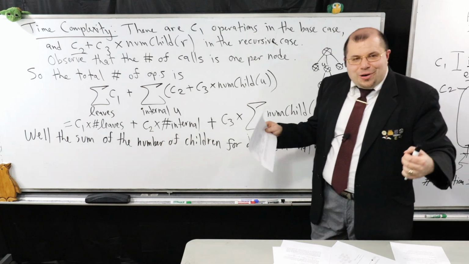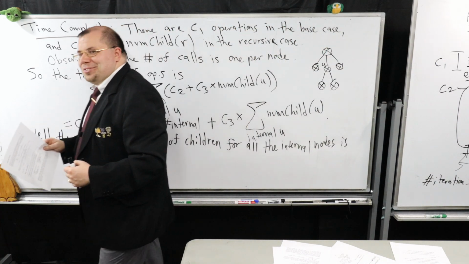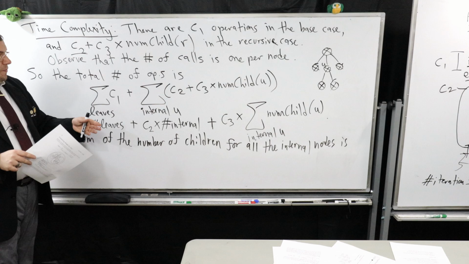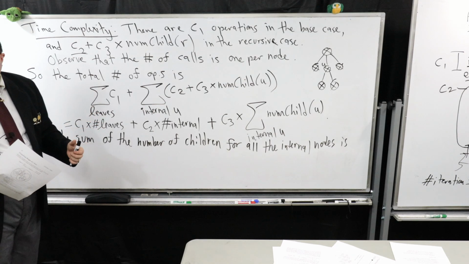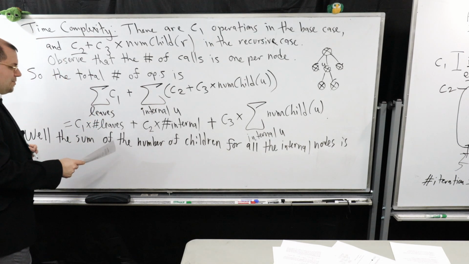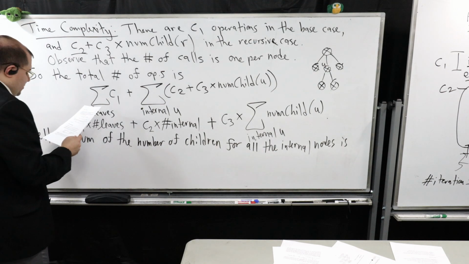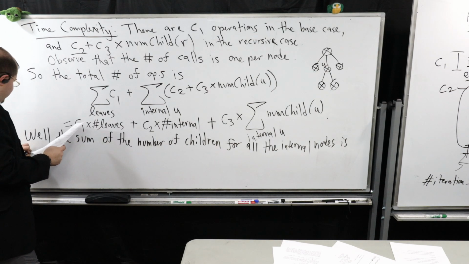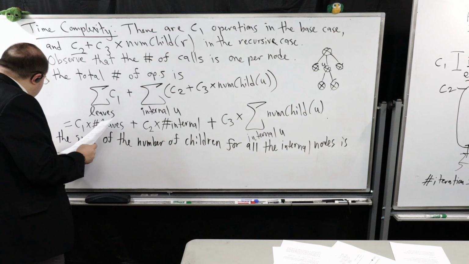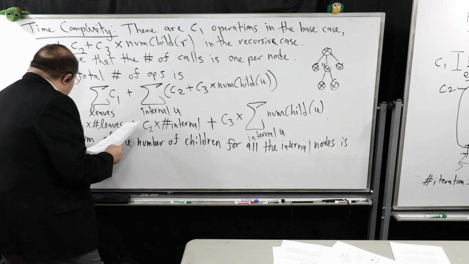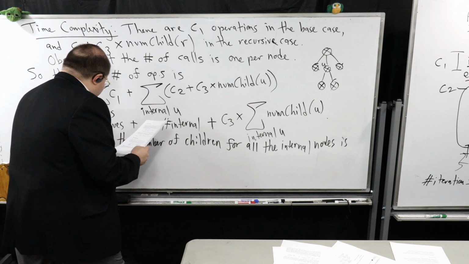That's true for every one of the internal nodes. So we have a name for that number. So for all the internal nodes, it is just the number of edges, m.